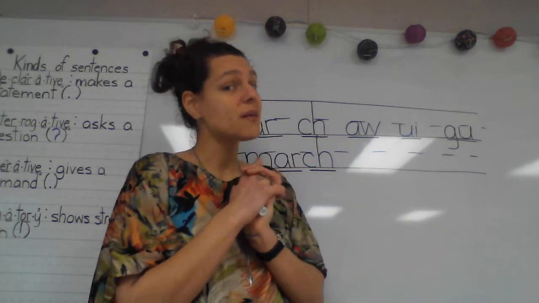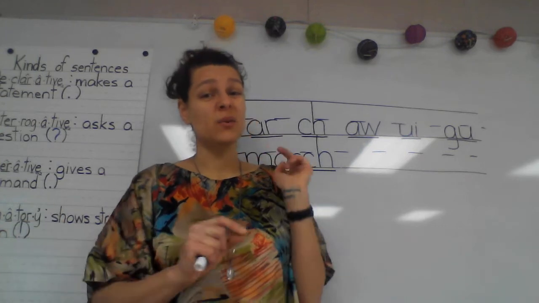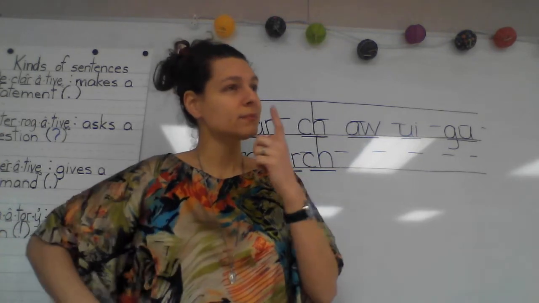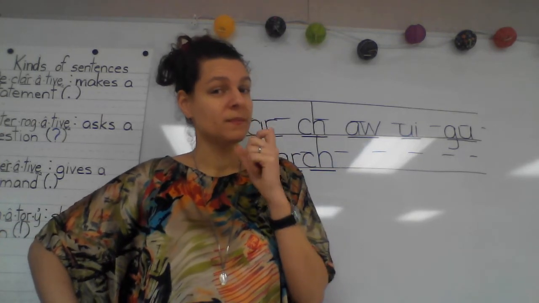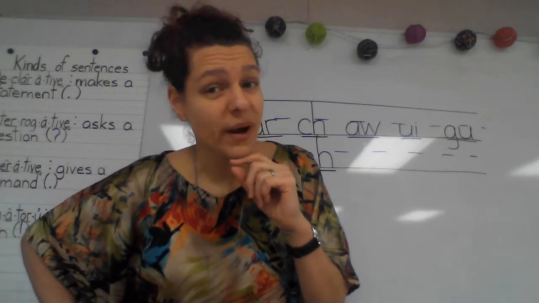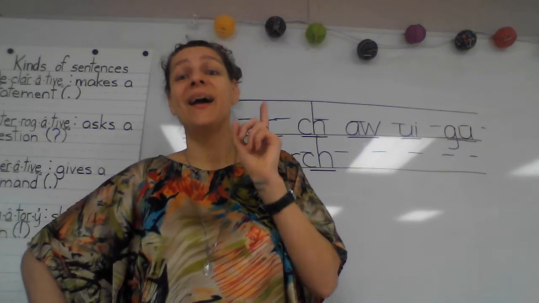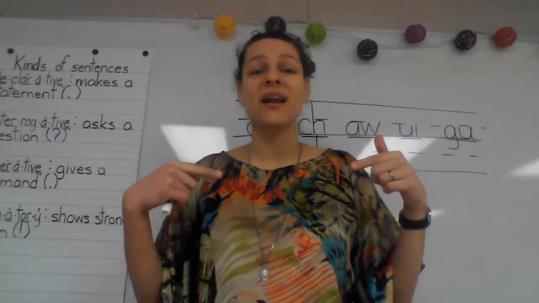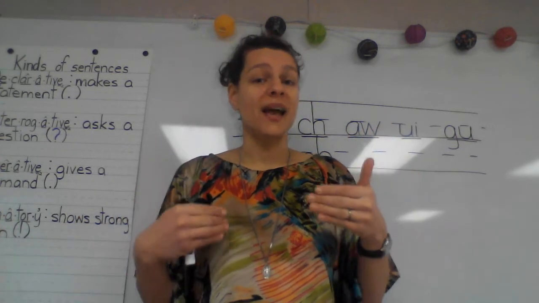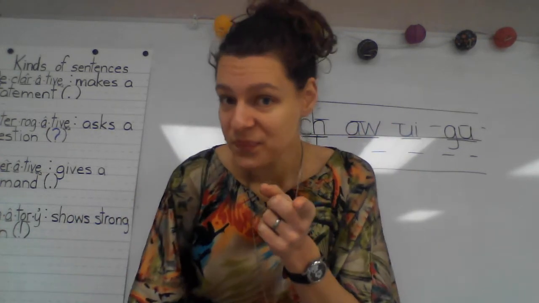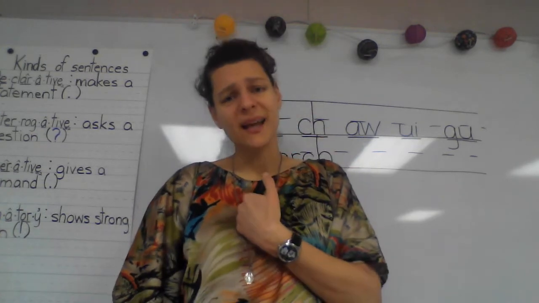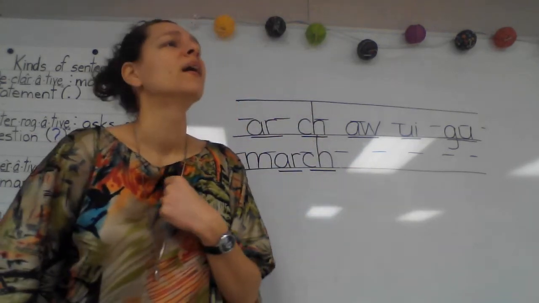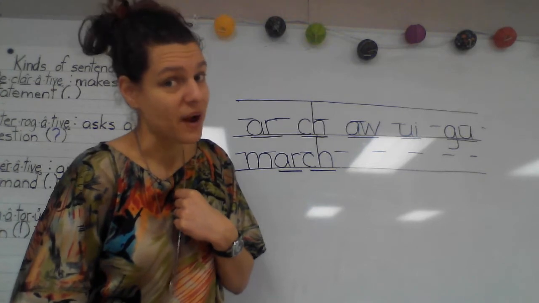So is March the month? Is that a common noun or a proper noun? Did you say proper noun? I hope so. All right, so our proper nouns are ones that start with a capital letter. So your name is a proper noun. My name is a proper noun. Gallop is a proper noun.